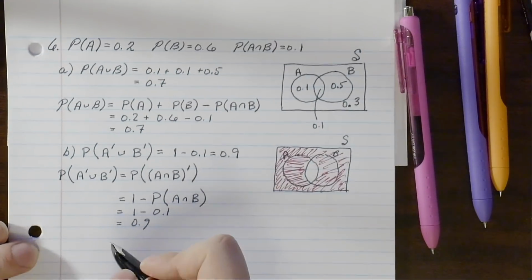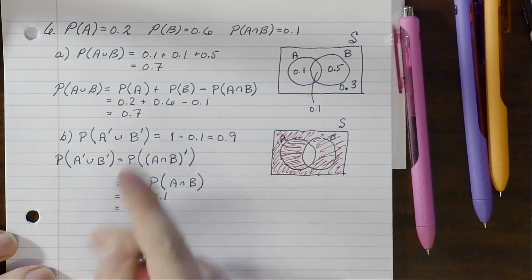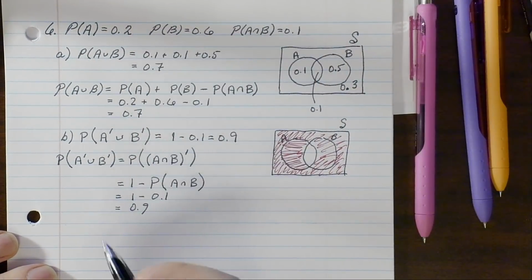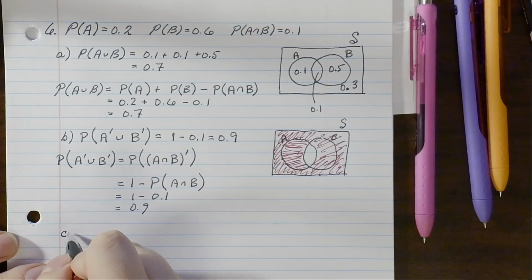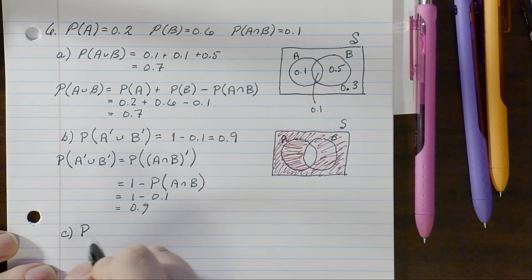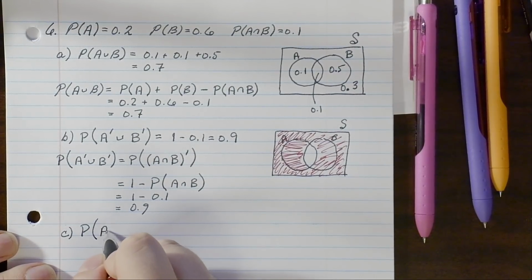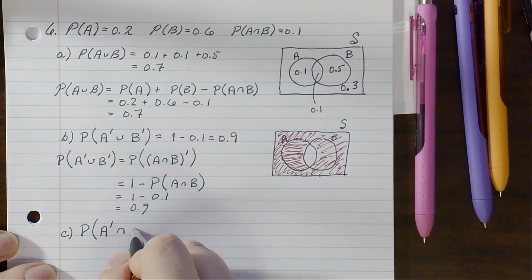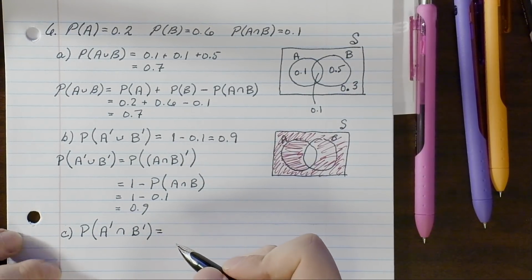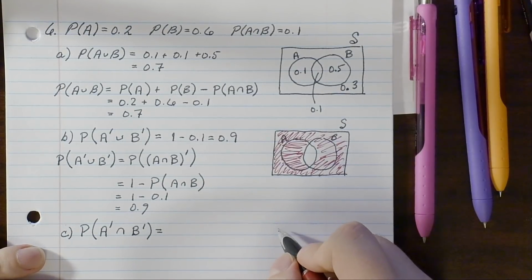For C, I have the probability of A complement intersect B complement.